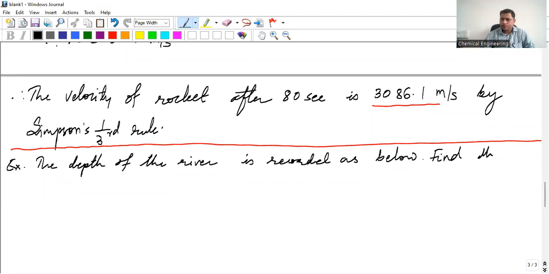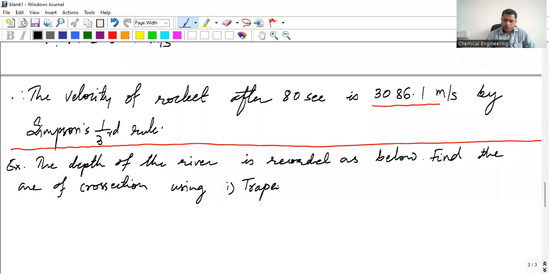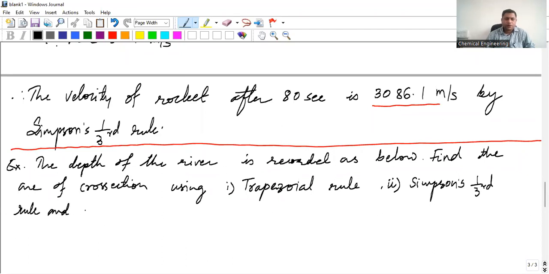Find the area of cross section using the trapezoidal rule, Simpson's 1/3 rule, and Simpson's 3/8 rule.